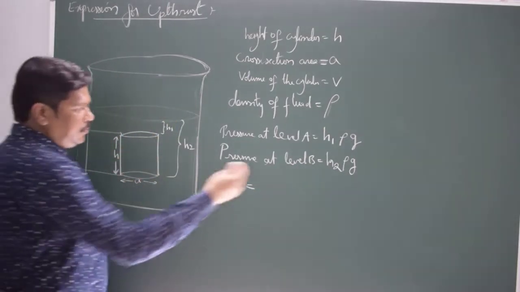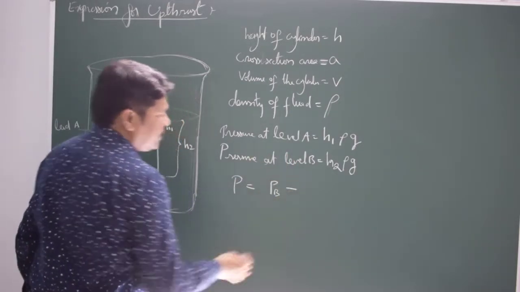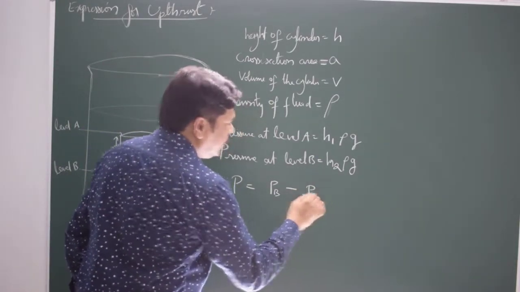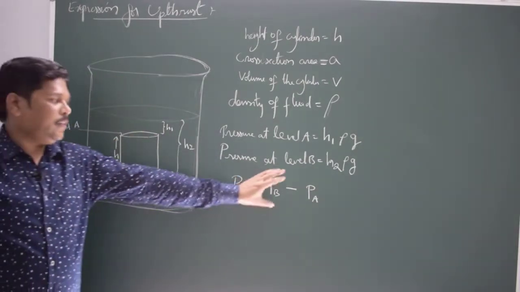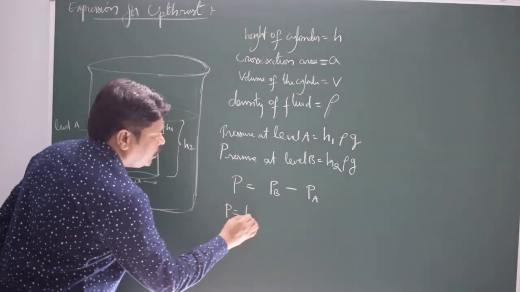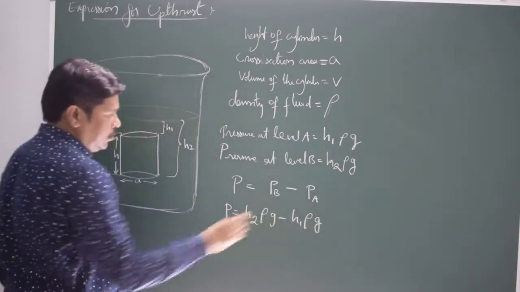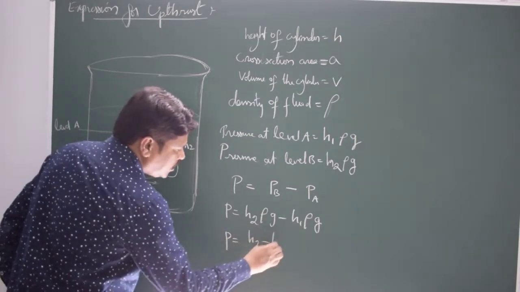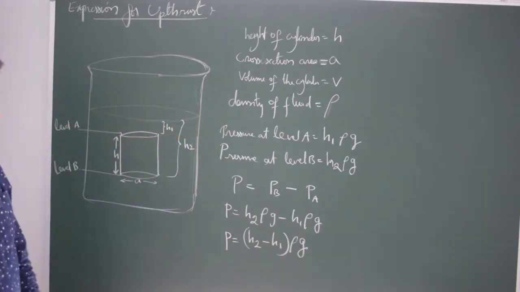P is equal to the pressure at level B, which is the heavier one, minus the downward pressure exerted by the liquid column, that is, pressure at level B minus pressure at level A. So P is equal to h2 rho g minus h1 rho g. Rho g is common in both cases, so I am going to take (h2 minus h1) rho g. Density of the liquid and acceleration due to gravity are common.